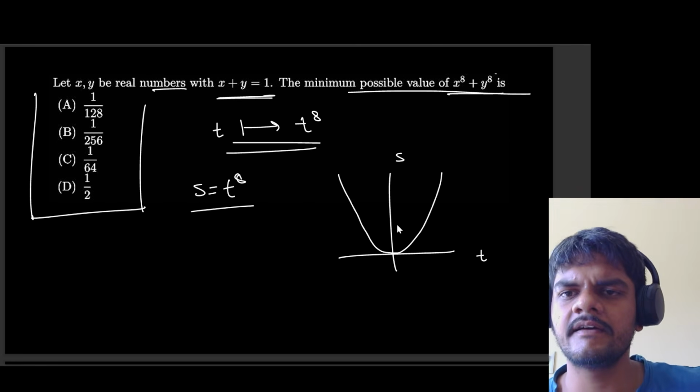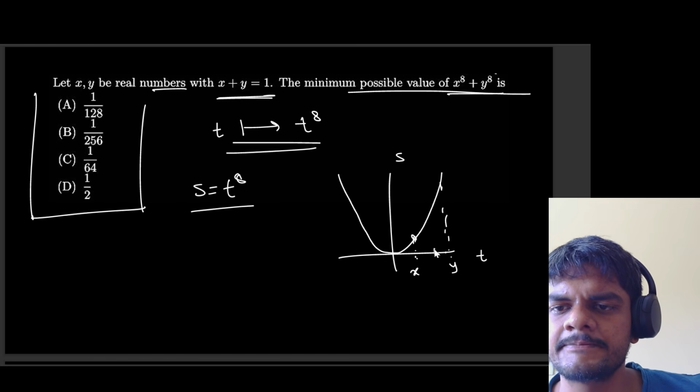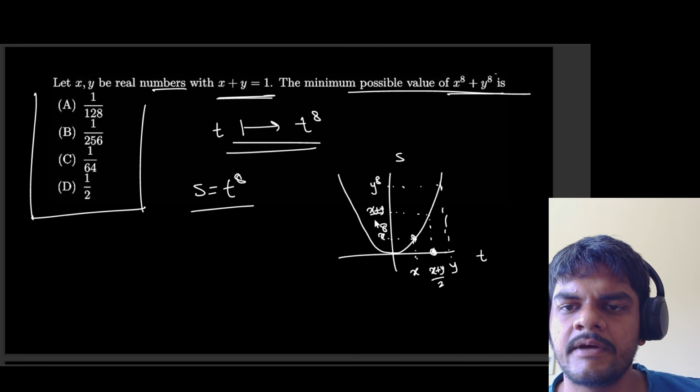So if I take two values, x and y on this graph, you'll see that x plus y by 2 will be in the midpoint. You'll see that x will be here, x power 8 will be here, y power 8 will be here, and x plus y by 2 whole power 8 will be here.